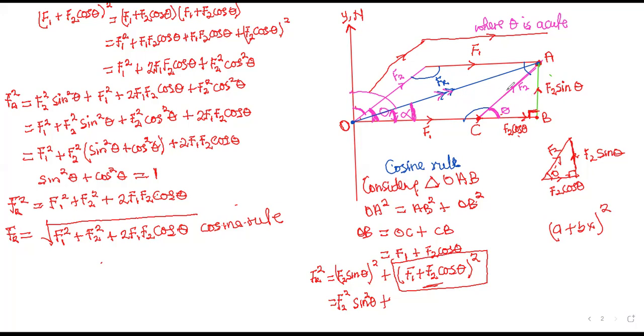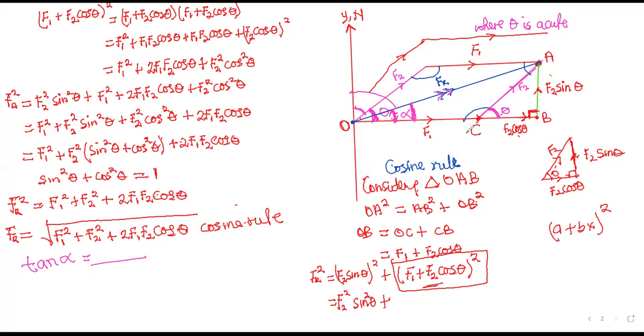Since we resolved the forces into a right angle triangle, we can also use tangents. If we take tan of the angle alpha, tan alpha is the opposite, which is F2 sine theta, divided by the adjacent, which is OB. Let me use the letters in order to give a systematic understanding.